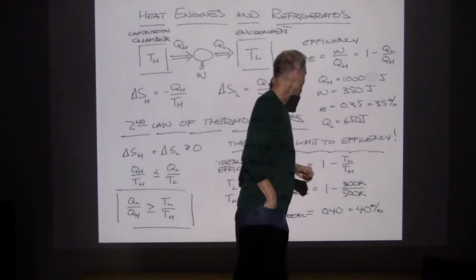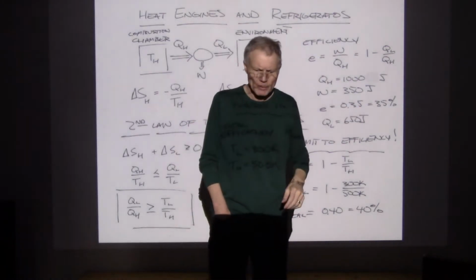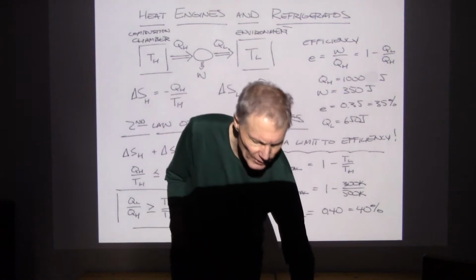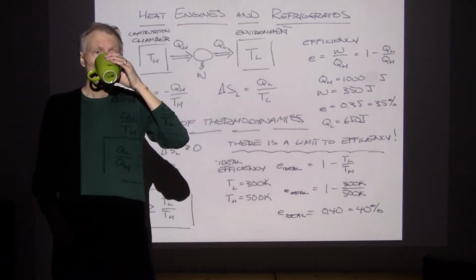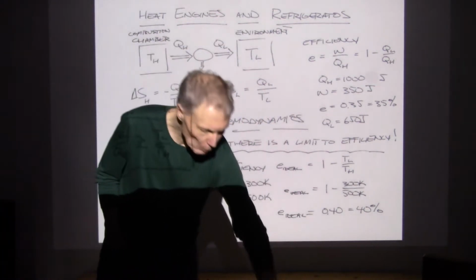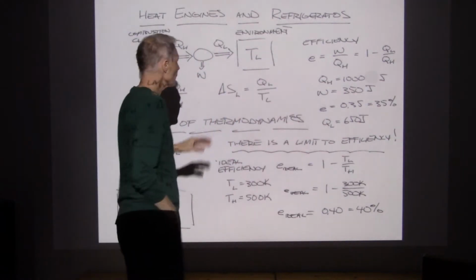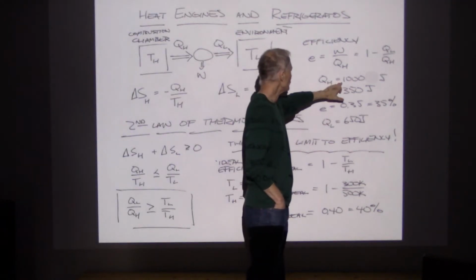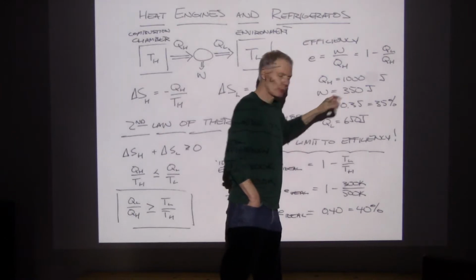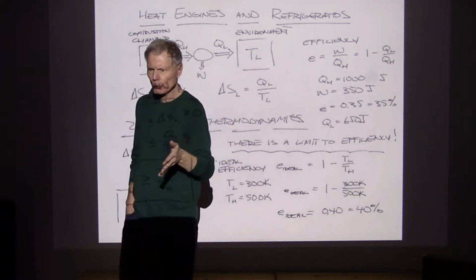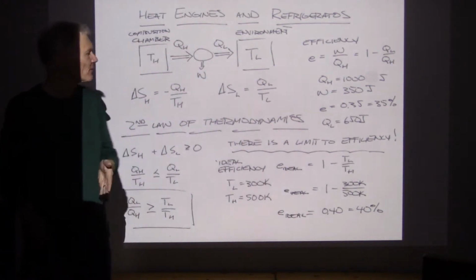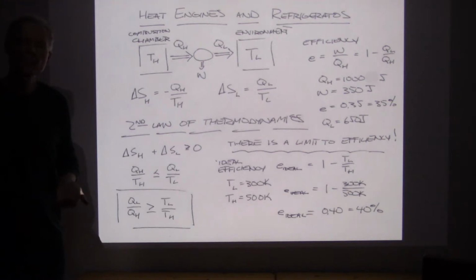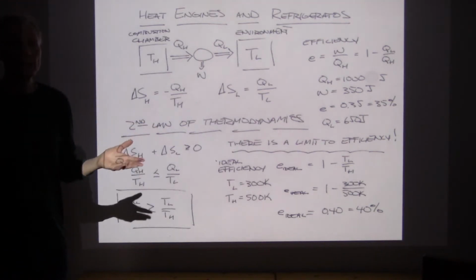That's about 35%. Now, energy conservation tells us this: if we generated 1,000 joules and we were able to get 350 joules of useful work out of that, it suggests that the remaining 650 joules just goes out into the environment.